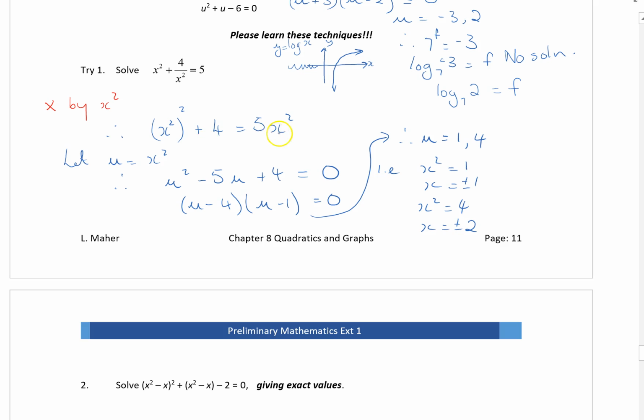So it's u squared minus 5u plus 4 is equal to 0. Factorises to u minus 4, u minus 1, which gives us u can be 1 or 4. That is, x squared can be 1, which means x is plus or minus 1, or x squared can be 4, so x is plus or minus 2.